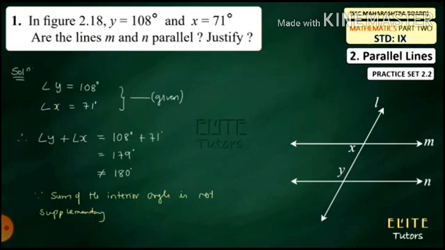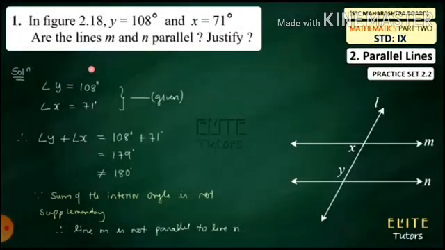Therefore, line M is not parallel to line N. So, our first question is completed. Students, we get the sum of these two angles, y and x, equal to 179 degrees.